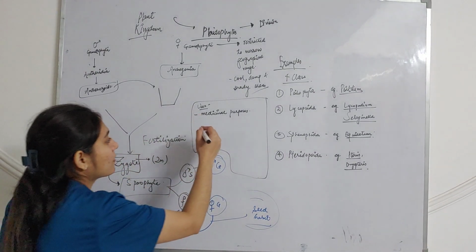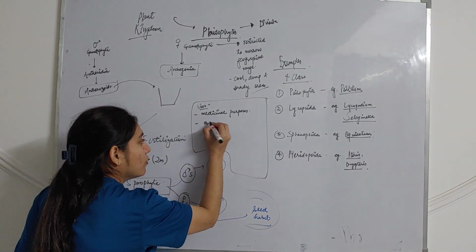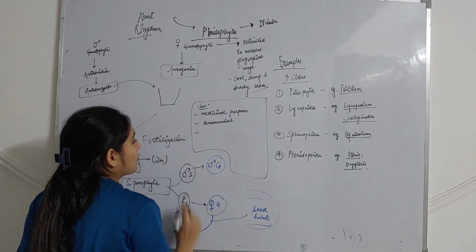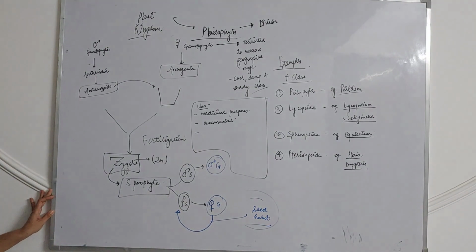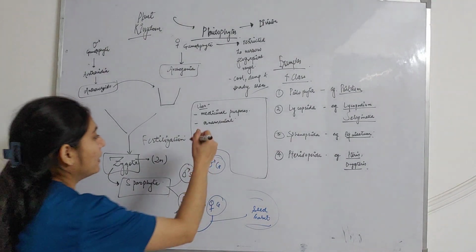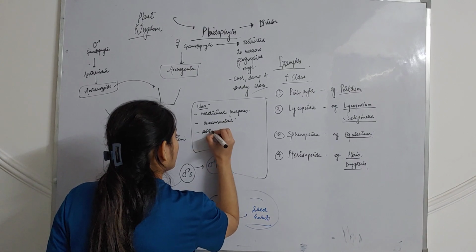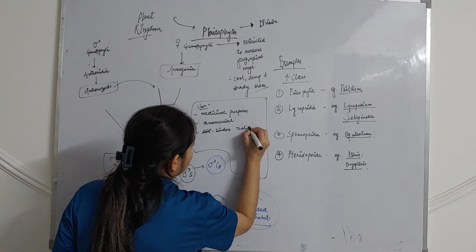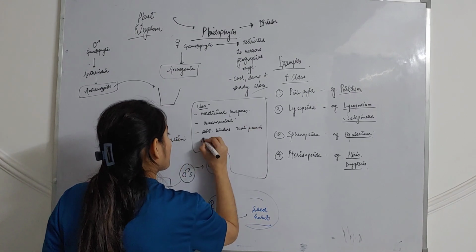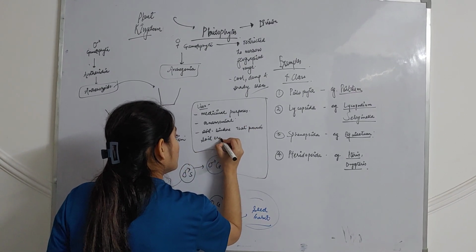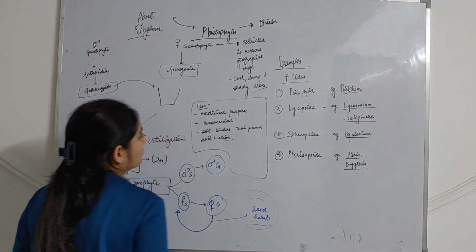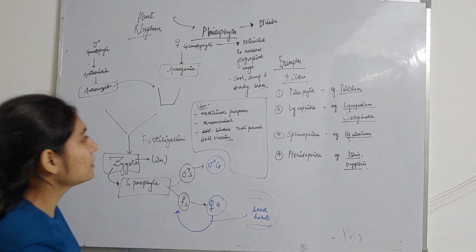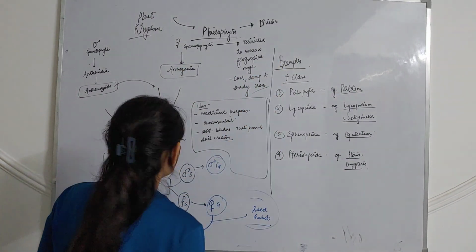They are also ornamental, and they act as soil binders that prevent soil erosion. So these are some of the uses and examples of pteridophytes.